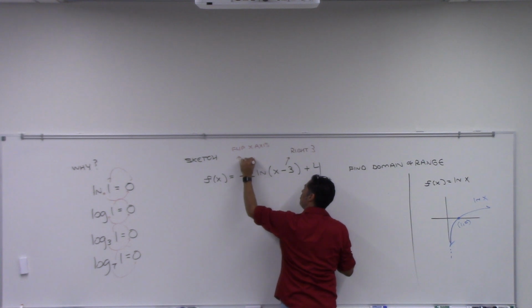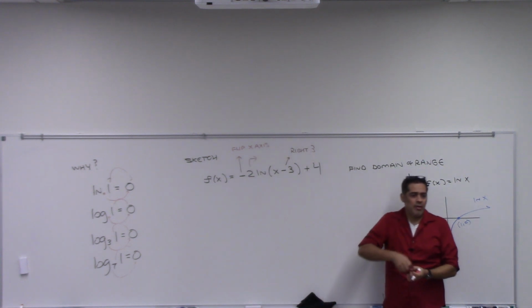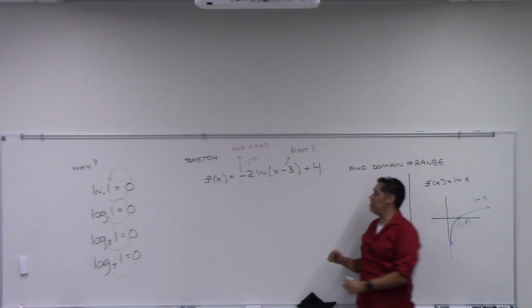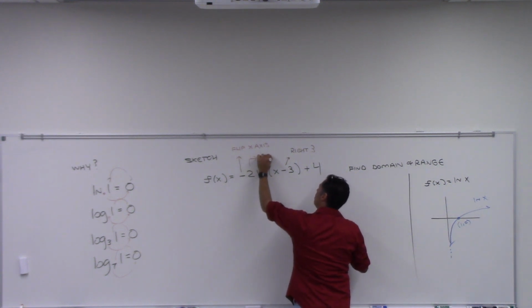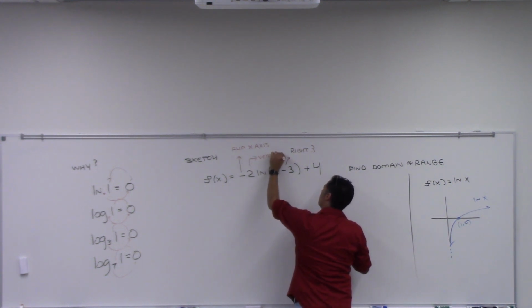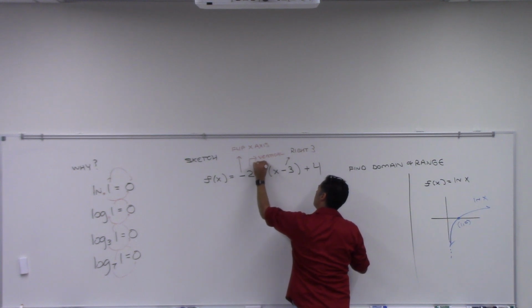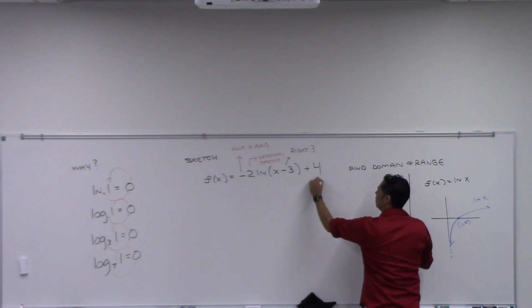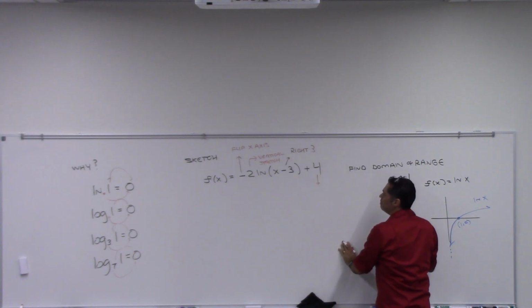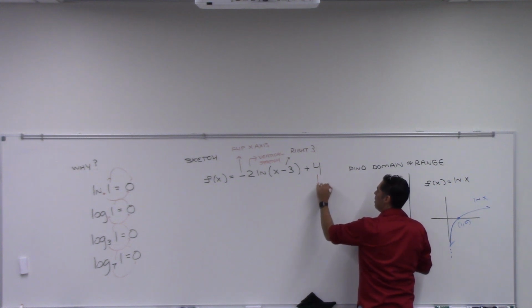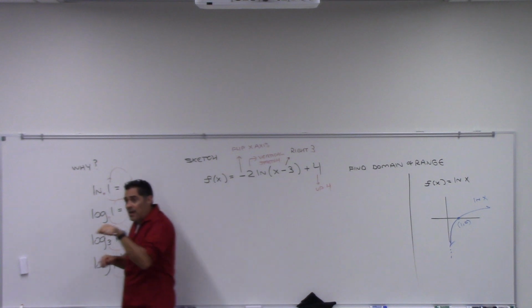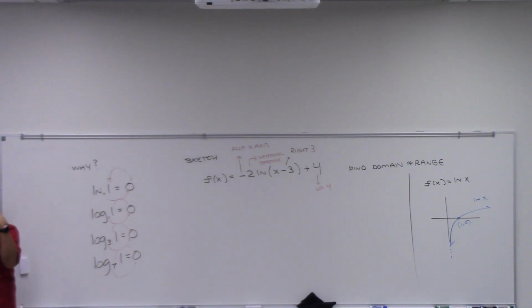Okay, what does the 2 do? Stretches it which way? Vertical or horizontal? Vertical stretch. Lastly, plus 4. Up 4, right? The number on the outside is always up and down. The number on the inside with the x is always left and right, opposite of what you think.